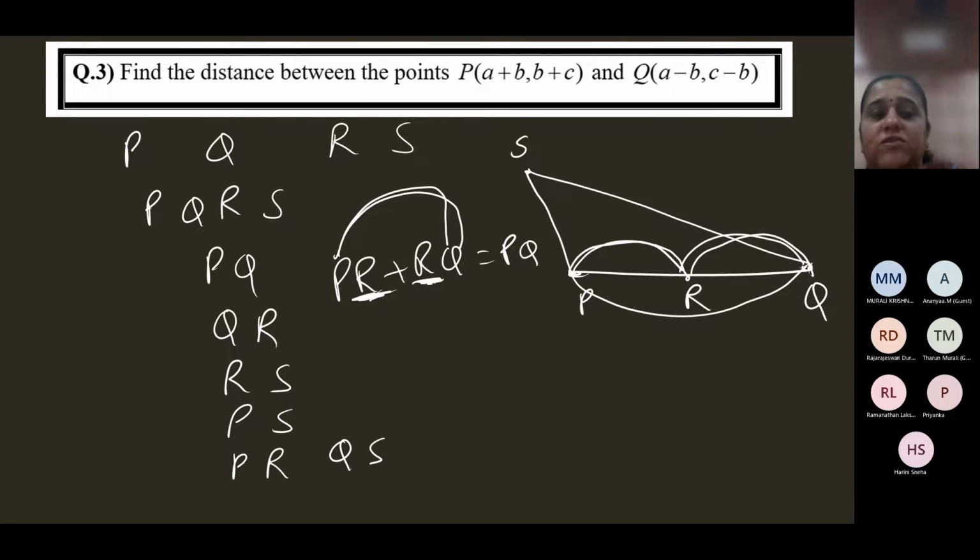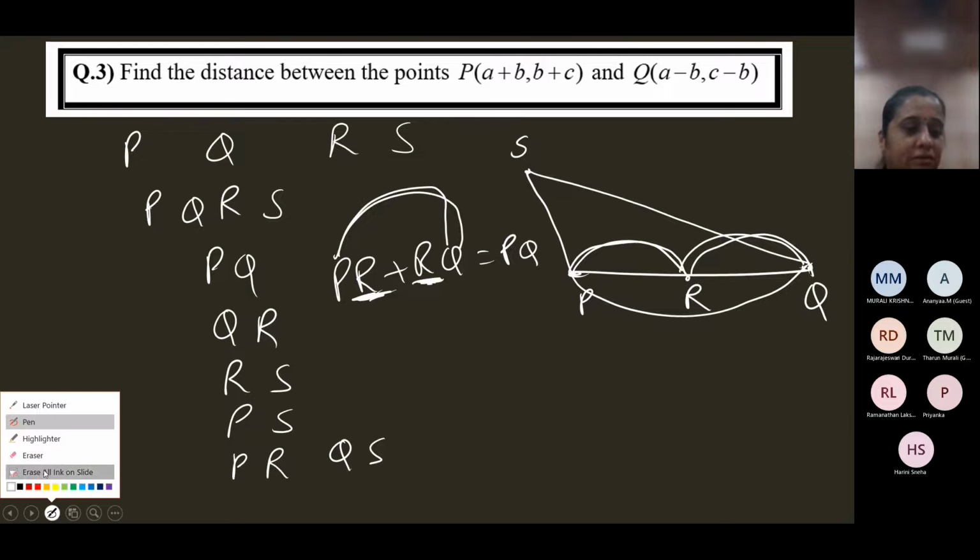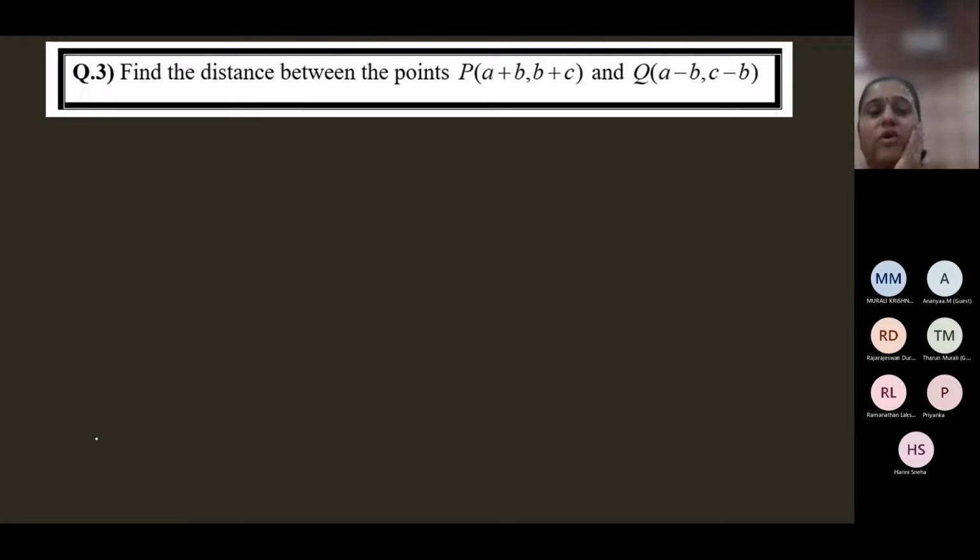Now, if a quadrilateral is formed, how do you know a quadrilateral is formed? For us, in our syllabus, we will always have at least one pair of opposite sides equal.